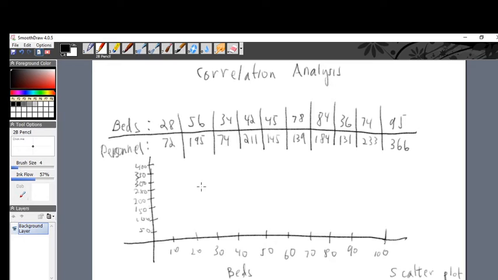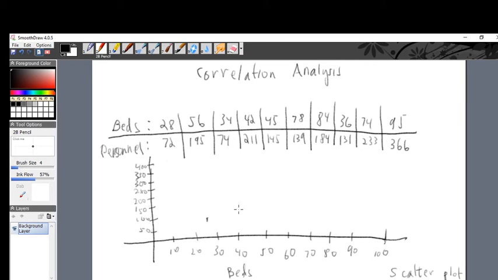Okay, now I've got to get this done. Let me do each one. I don't have to do them in ascending order. Let's just start at the beginning. 28 beds is around here, and there's 72, so it's around here. You just have to bear with me. It's just going to be an approximation. It's not going to be a great drawing. Okay, what about 56 beds? The beds are going to be my x-axis, and the personnel are my y-axis.